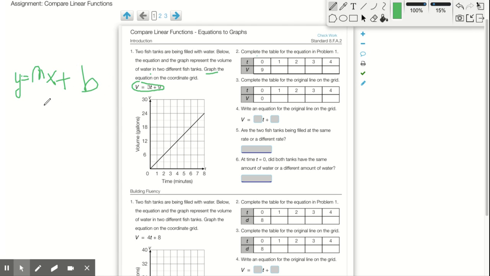All right, so the b is the y-intercept, and this is the b, the 9. That's where it intercepts the y-axis. So the first thing we're going to plot is the 9 on this axis, which would be 6, 6 plus 3 would be here in the middle.